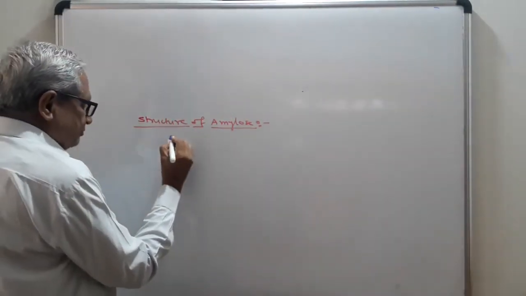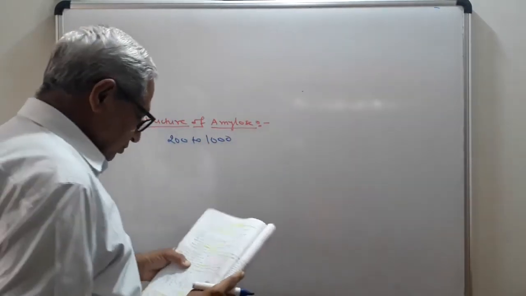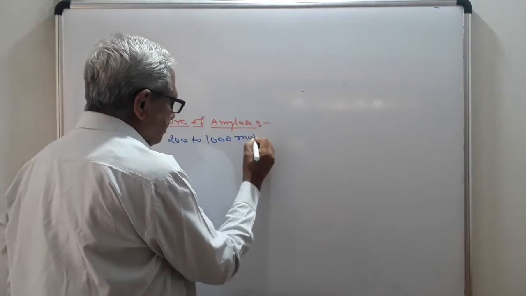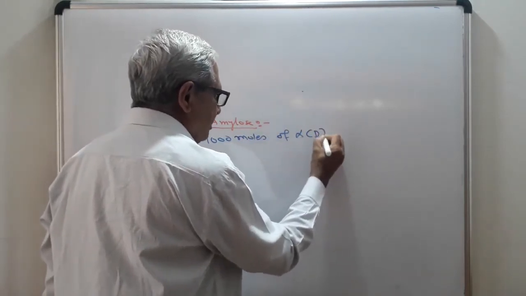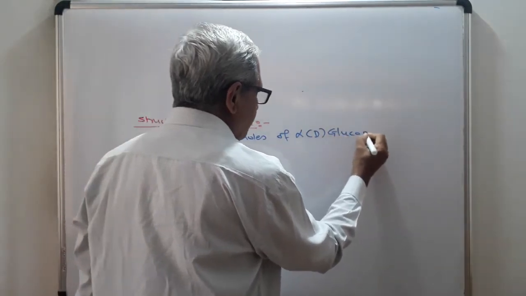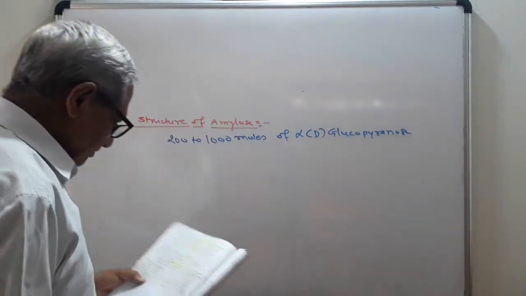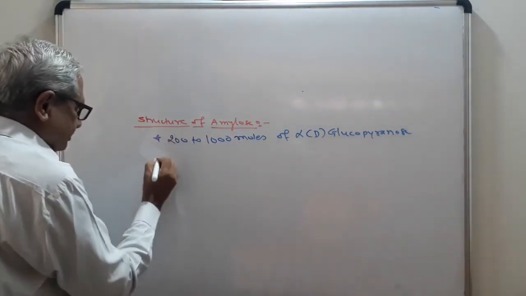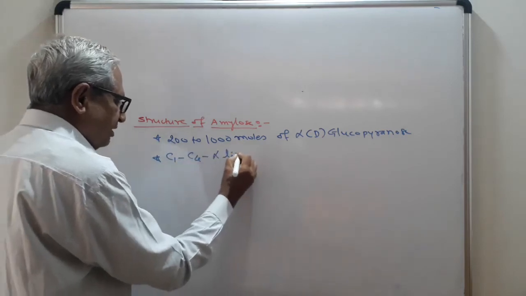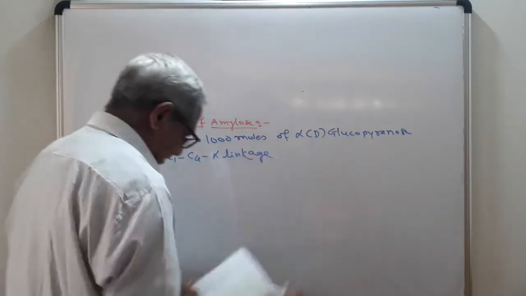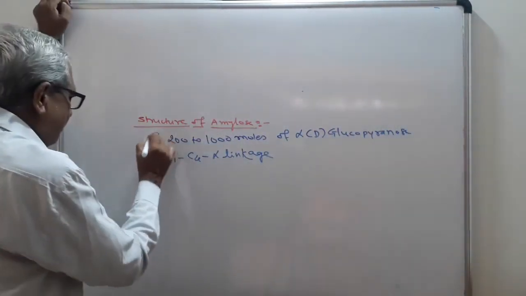It contains 200 to 1000 molecules of alpha D glucopyranose. Second thing, they are joined with the C1 C4 alpha linkage, that is the C-O-C linkage. So these are the important two points here.